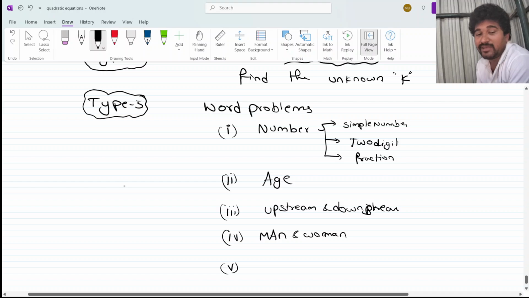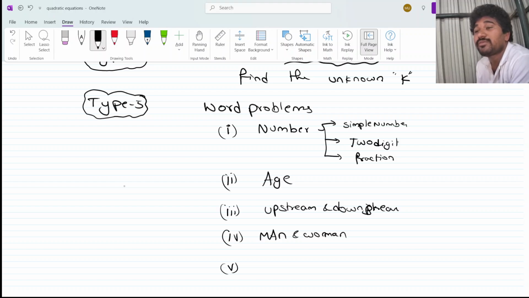Next, we'll be having taxi problems, money problems. Okay, man and woman, these are major things you need to focus on. Understand?